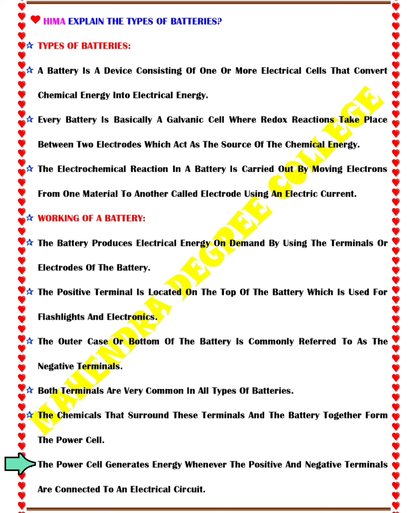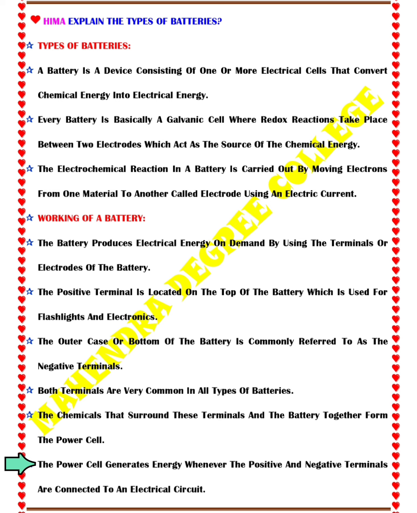The chemical reaction inside the cell generates the energy. When you connect the terminals to a circuit, the cell delivers that energy by allowing electric current to flow. Inside the power cell, chemicals react and create electrical potential.